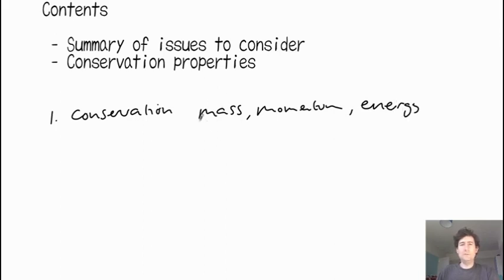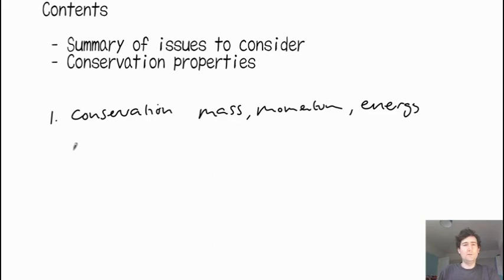So mass is definitely the easiest one to conserve. Energy probably the next one. Momentum can be quite hard to conserve in general coordinates. So if you have some curvilinear coordinate system and some quite complicated fluid equations, momentum can be quite hard to conserve.